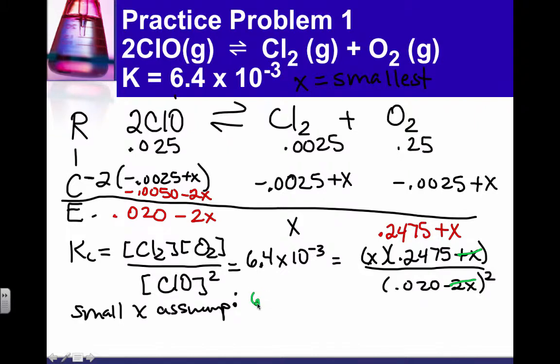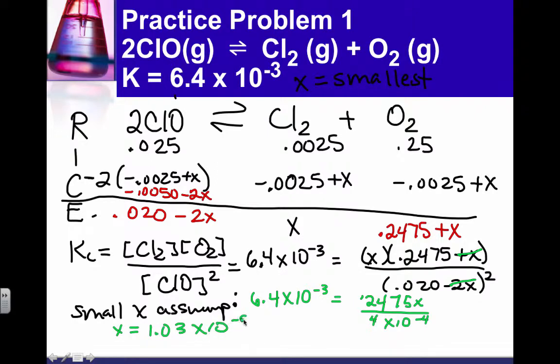So that simplifies then. 6.4 times 10 to the minus 3 is equal to 0.2475x divided by, what's 0.02 squared? 4 decimal places, so it's 4 times 10 to the minus 4. Then I just solve for x. So multiply across and then divide by 0.2475. That gives me x is equal to 1.03 times 10 to the minus 5.